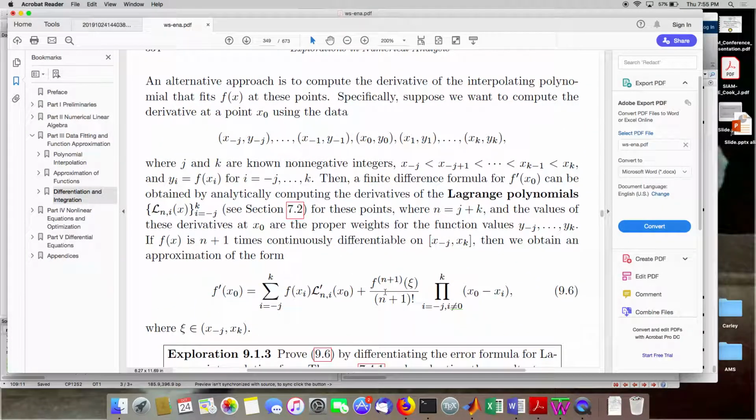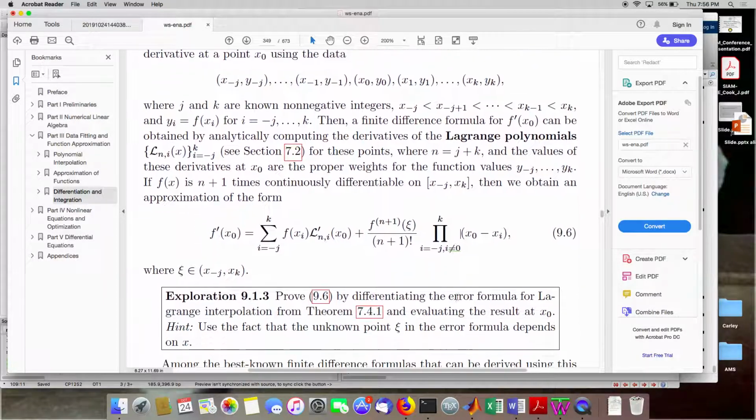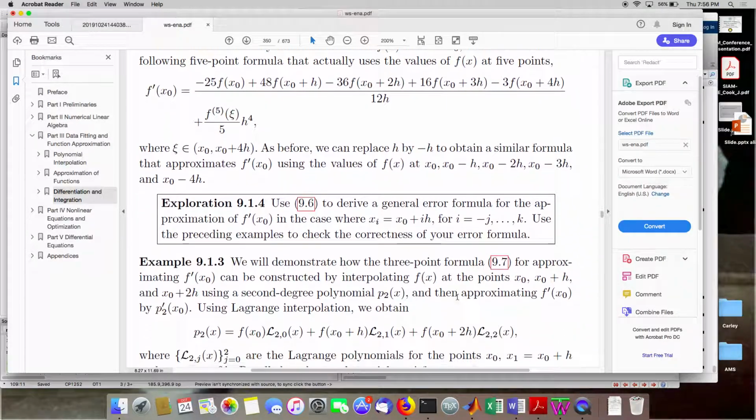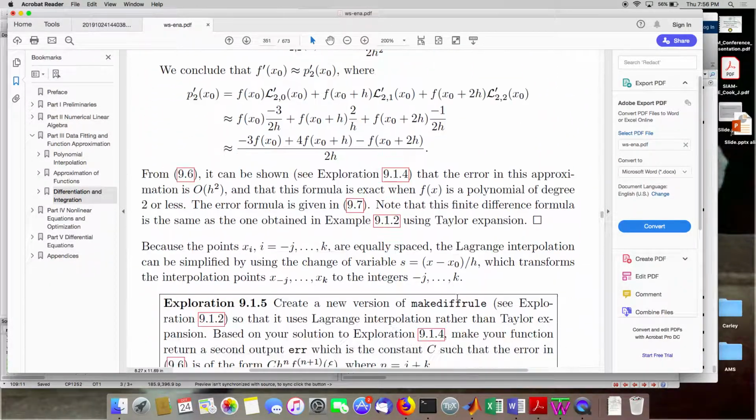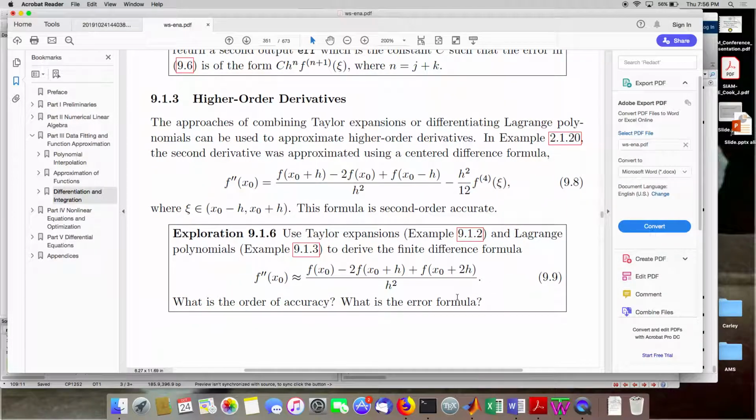Okay, so here we don't have any issues because of the intermediate value theorem. One of the nice things about Lagrange polynomials compared to Taylor series is that in certain cases it's easier to come up with the error formula than with Taylor series. Another point I'll quickly make is, what about higher order derivatives?